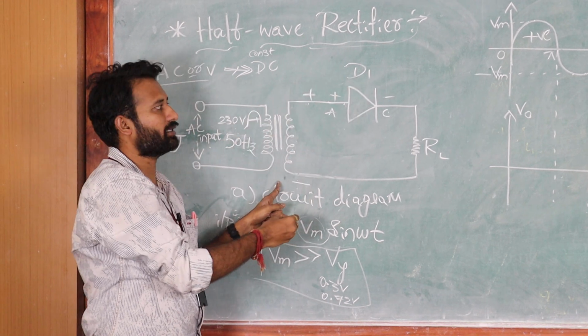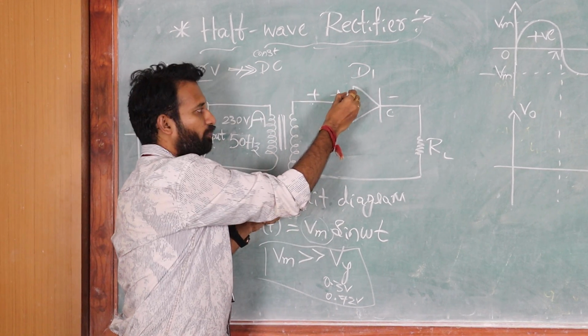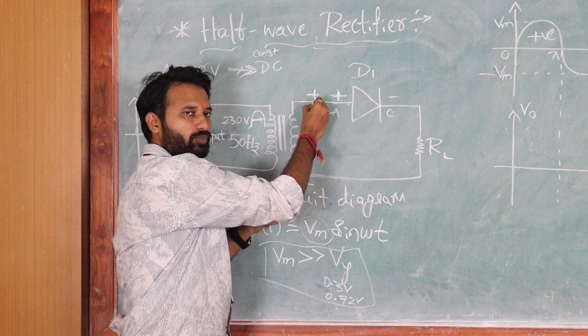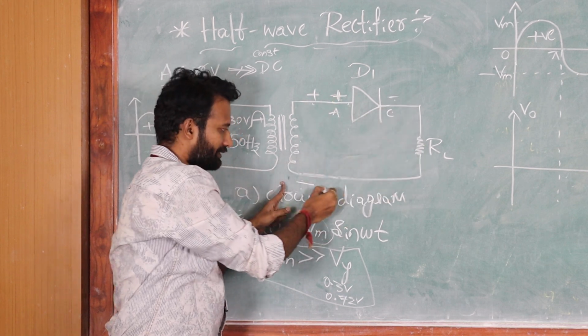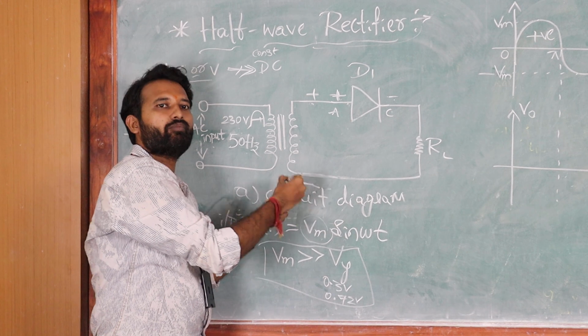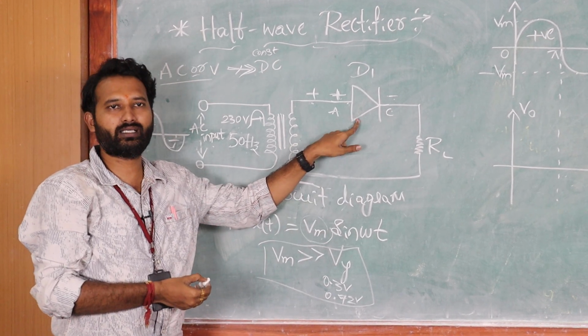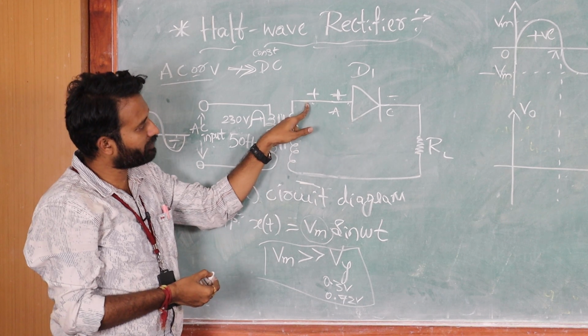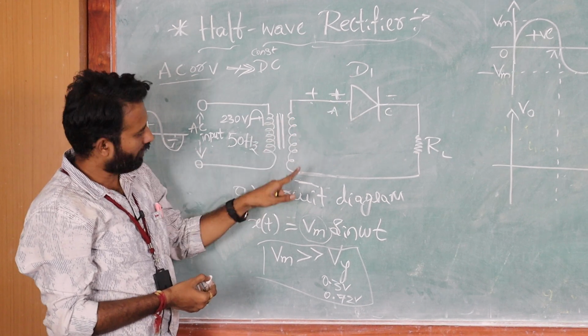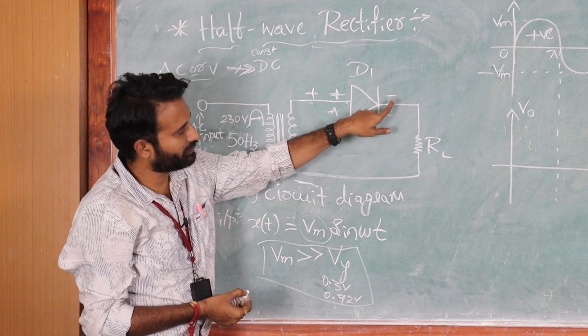In this condition, the anode is connected to positive and the cathode is connected to negative, which means your diode will be under forward bias condition. Positive terminal of the battery is connected to anode, negative terminal to cathode.